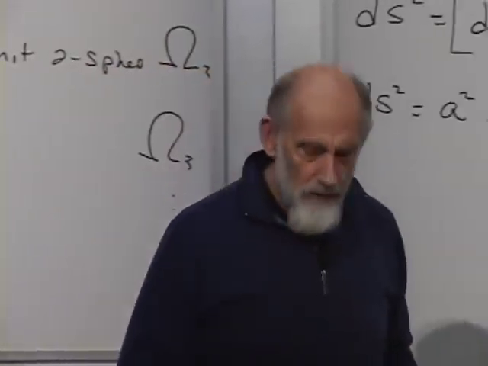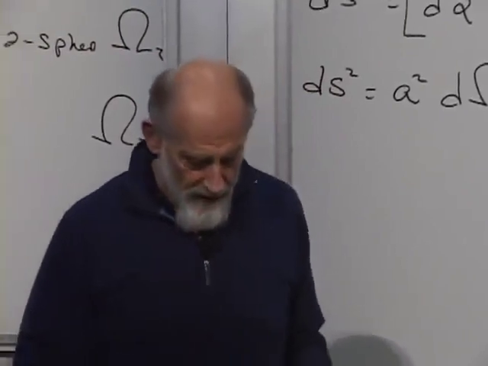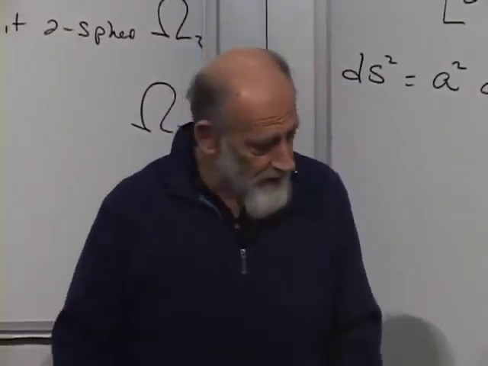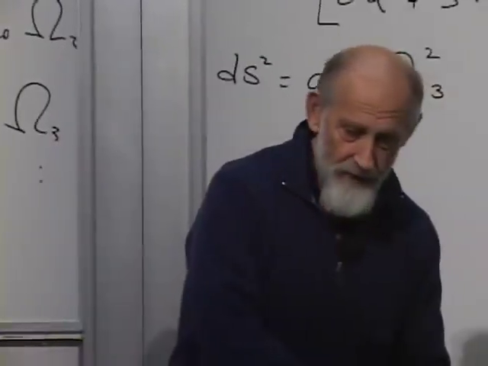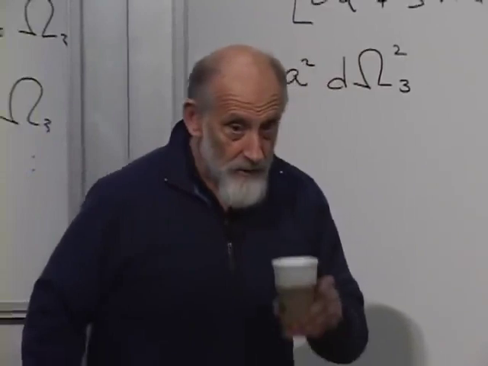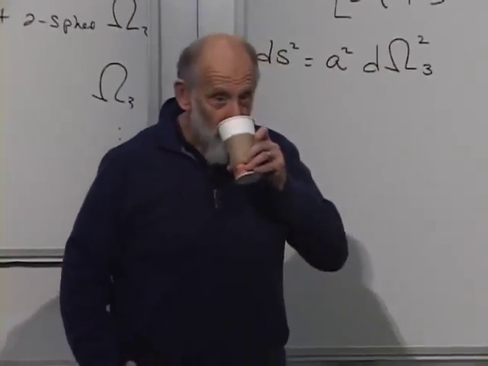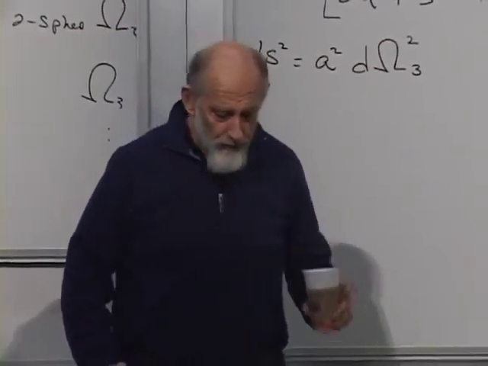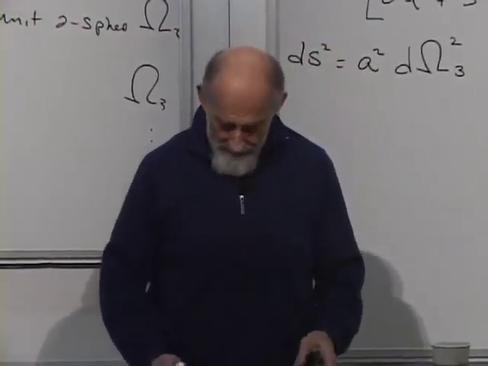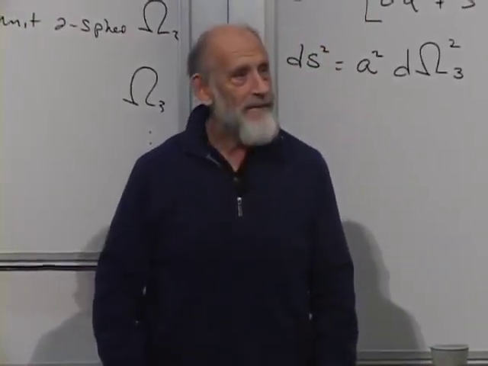Now don't ask me what a -1 sphere is. That one I can't do. But I'm sure that mathematicians have a definite, well, I'm not sure. Actually, I've never heard of a -1 sphere. I've heard of a horn sphere. Have you heard of a horn sphere? It's the boundary of the zero sphere.